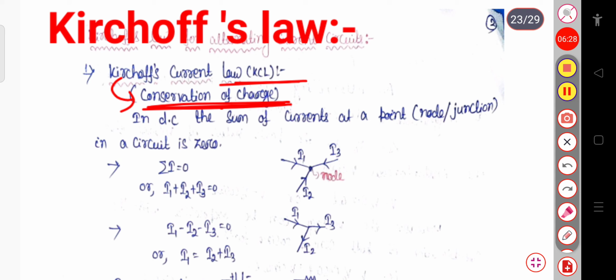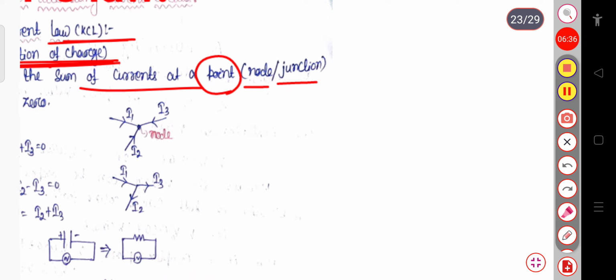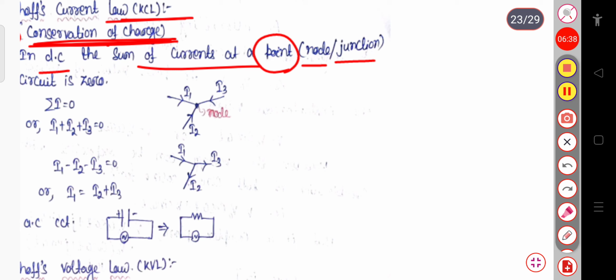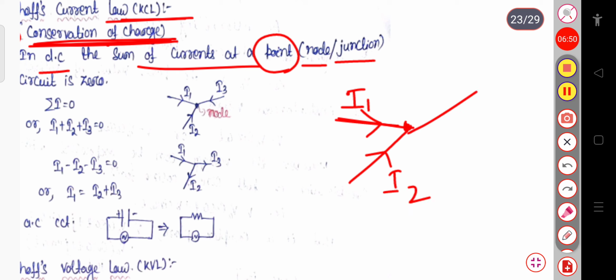In case of DC current, the sum of the currents at a point, that point being called the node or junction in a circuit, is 0. So let us consider that this is the node, and suppose one current is I1, a DC current, another is current I2, and this one is current I3.